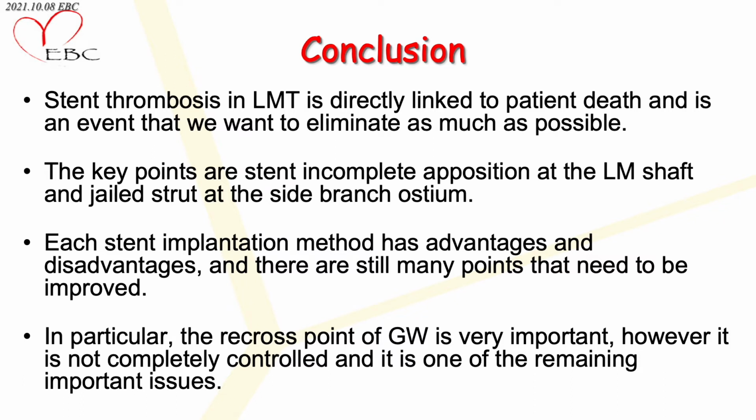Each stent implantation method has advantages and disadvantages, and there are still many points that need to be improved. In particular, the recrossing point of the guide wire is very important. However, it is not completely controlled, and it is one of the remaining important issues.